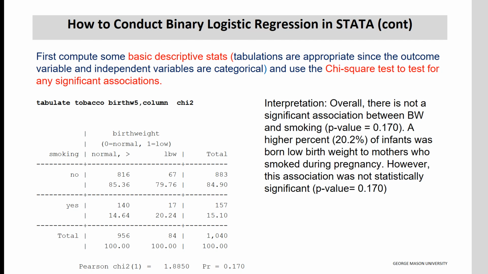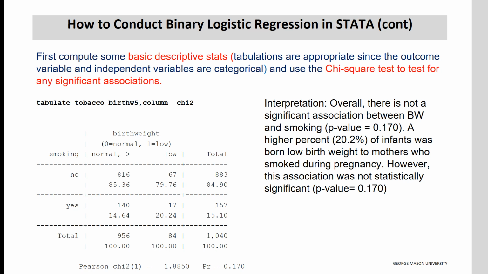So when we start the analysis, we want to compute some basic descriptive statistics. And since these are categorical variables, we want to conduct some tabulations, which are appropriate since both the dependent and independent variables are categorical, and use the chi-square test to test for any potential significant associations between these two variables.